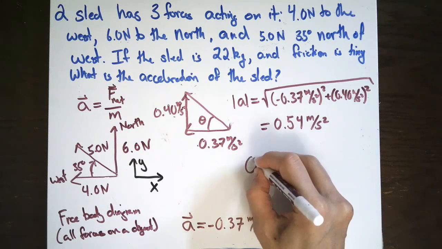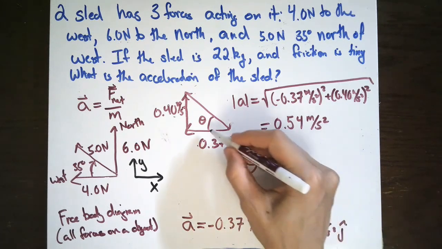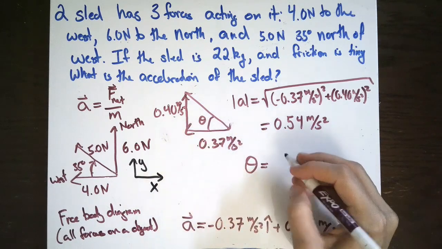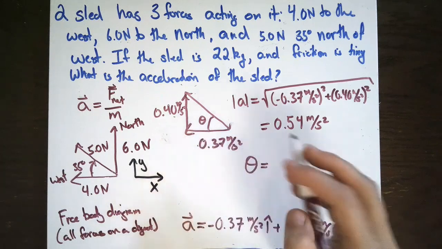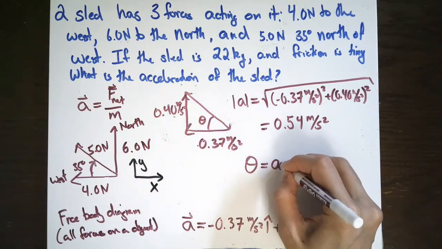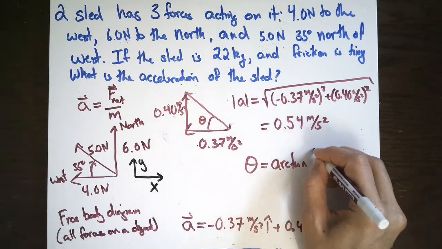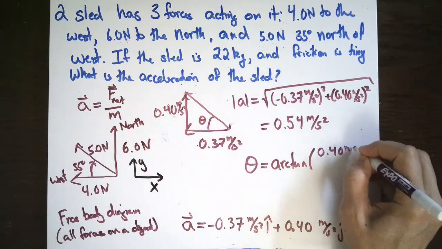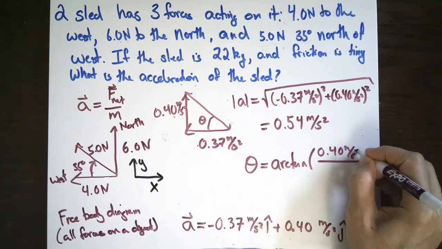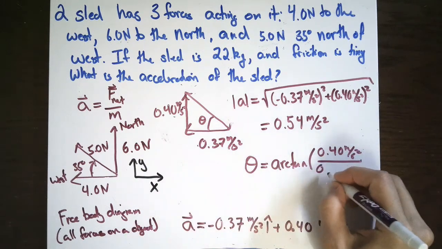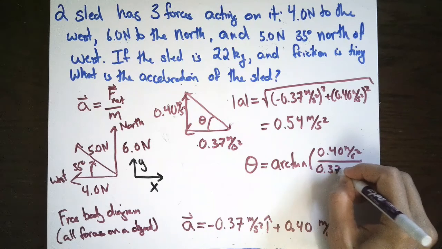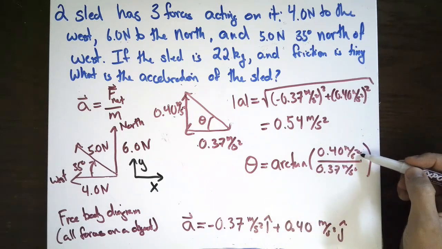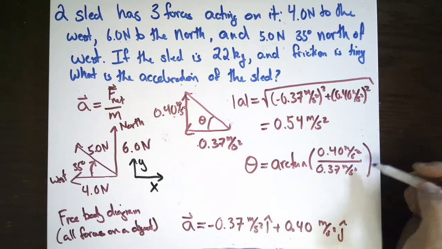For the angle, we would have, let's see, for this angle, it would be an opposite side and adjacent side, so that's going to be tangent, and since we're finding the angle, it's the undoing of tangent, the arctan, and you do opposite, 0.40 meters per second squared, over the adjacent, 0.37 meters per second squared, and we have meters per second squared on the top and meters per second squared on the bottom.